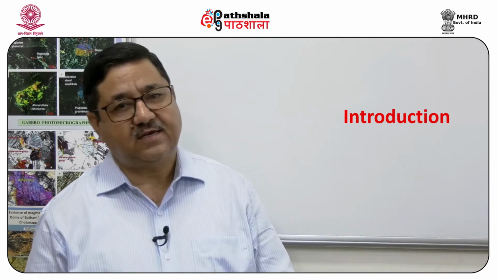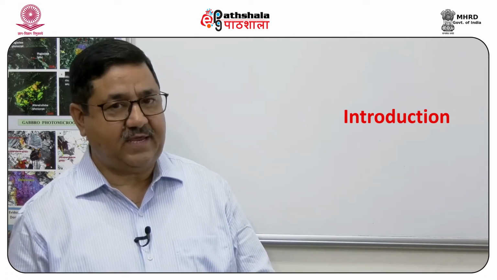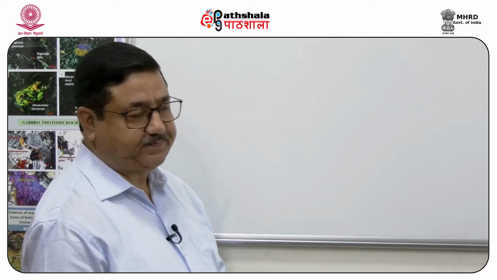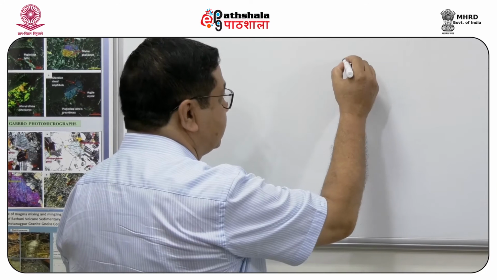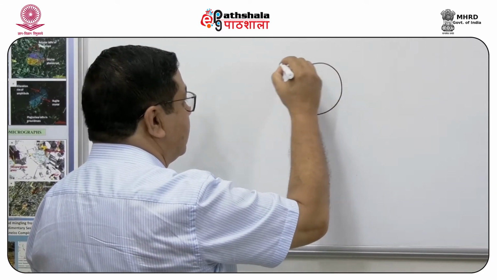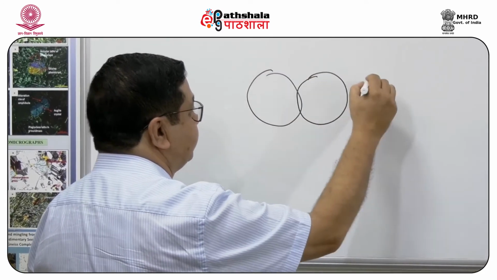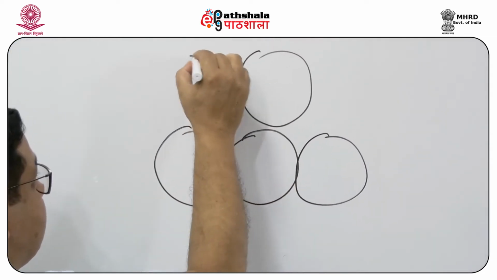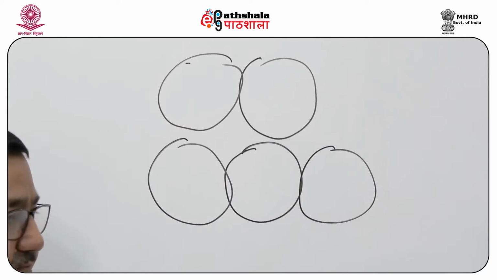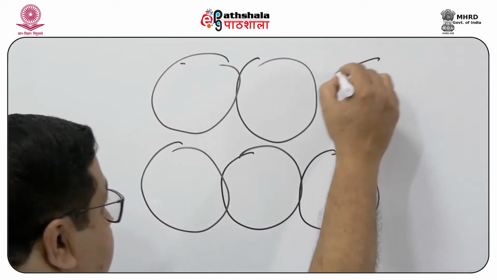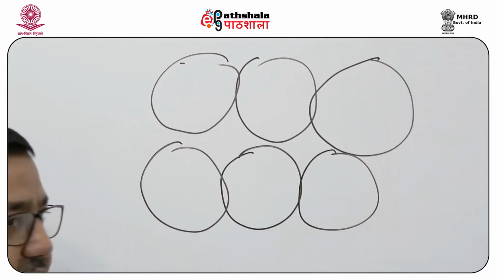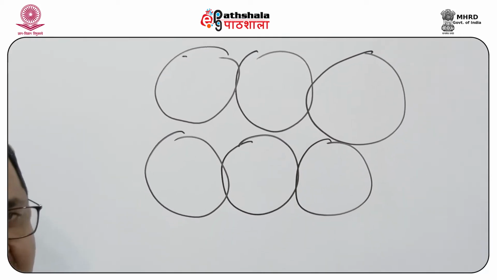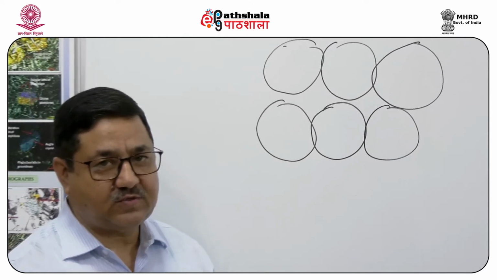So, if we look at one of the ways, it can be seen in this fashion, that we have spheres of equal sizes which are touching each other, and they represent the idea of what we call closest packing.